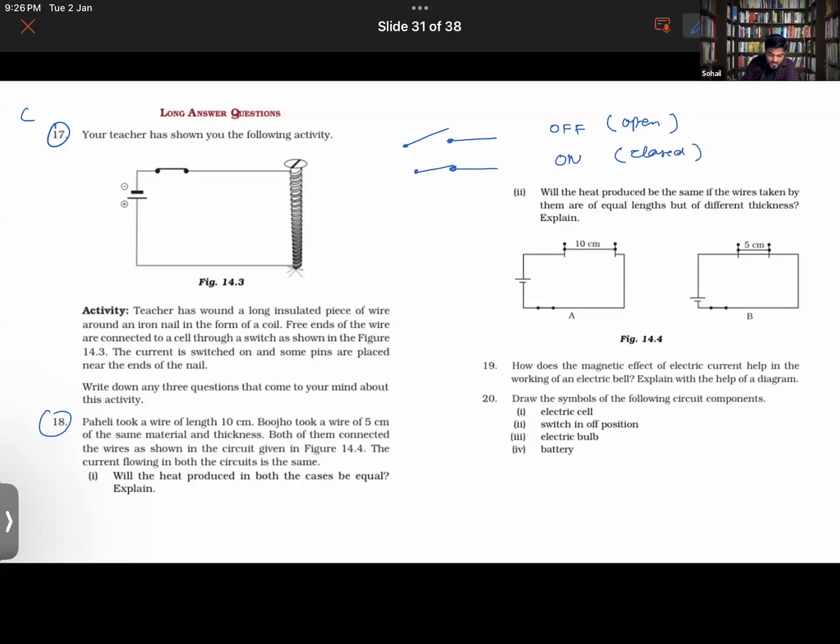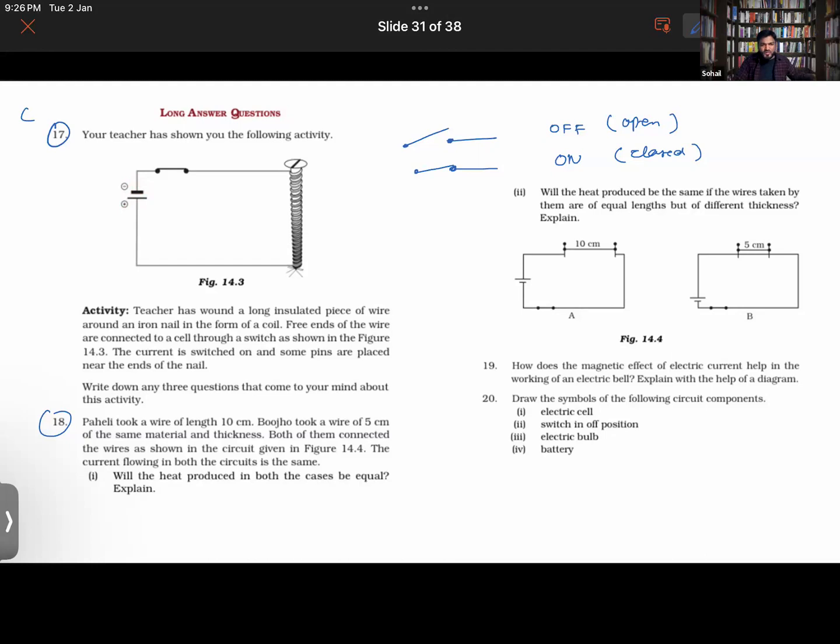Also here, which arm of the symbol denotes the positive terminal, the longer arm or the smaller arm? The longer one denotes the positive, and the smaller one denotes the negative.